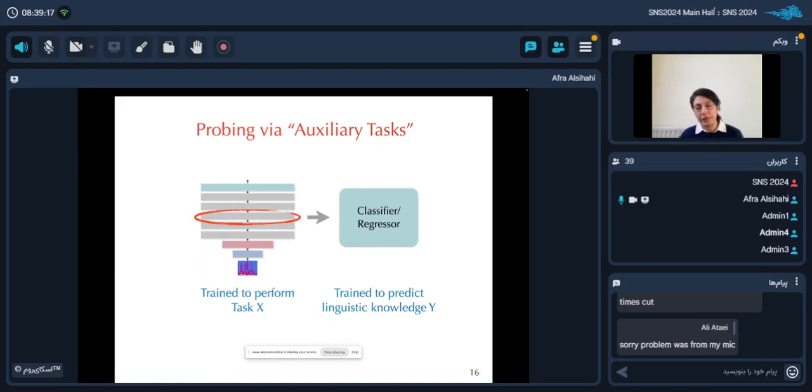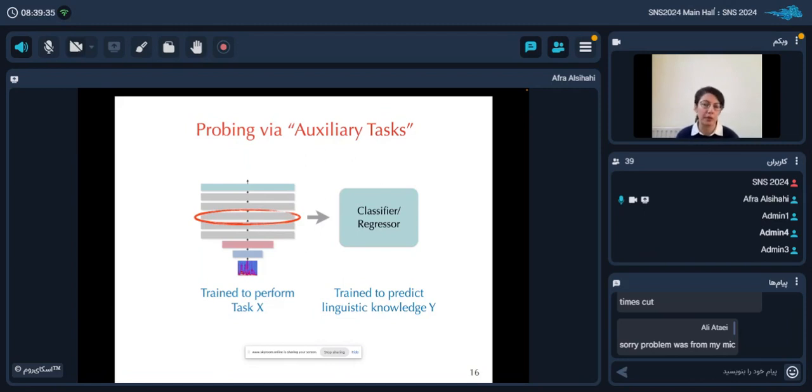The reasoning here is that if you can actually manage to do that, if you can train a classifier on these intermediate activations that can decode a particular type of knowledge, then this knowledge must have already been learned and encoded by the original model.